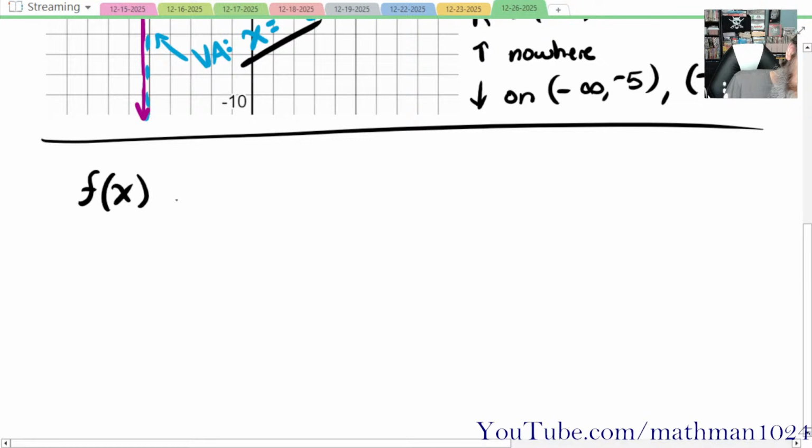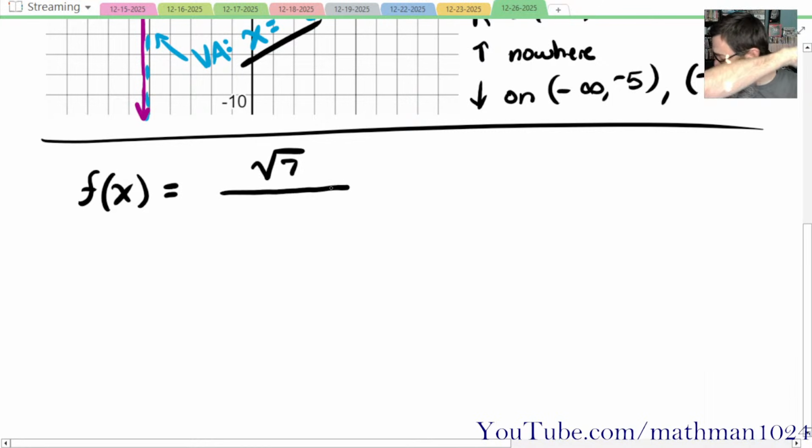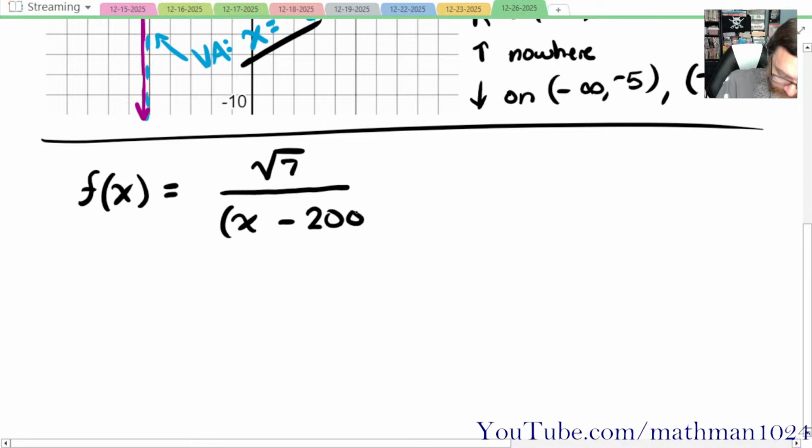I say f of x is equal to the square root of 7 over x, let's say plus 200 squared, and then minus, I don't know, let's say 68 pi.